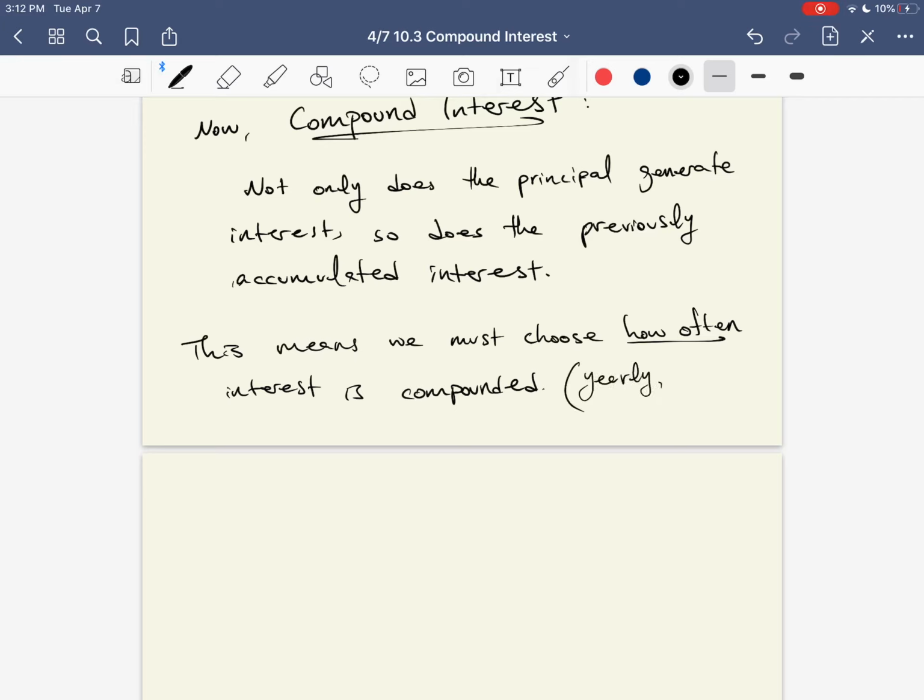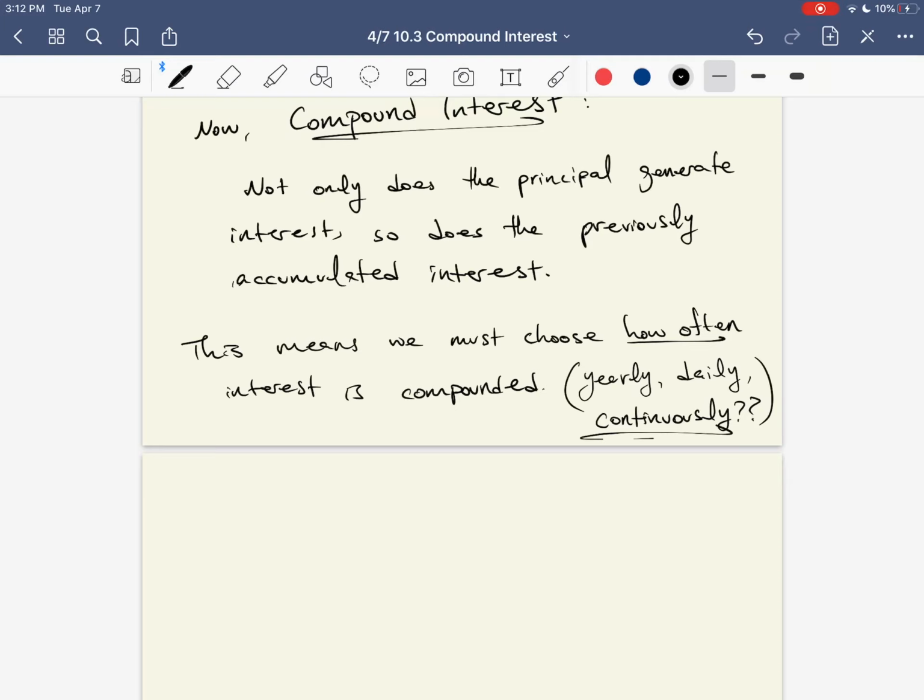Yearly, daily, continuously. I put continuously with question marks after it because if it's compounded yearly, we can have a pretty simple formula to figure out how much the interest will be at each step and how much interest you will have accumulated over the course of T years.